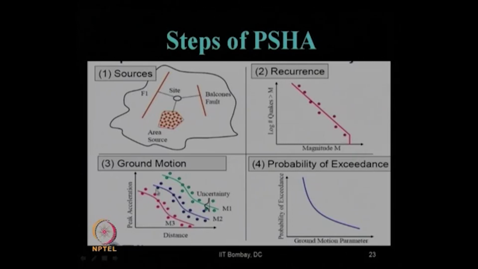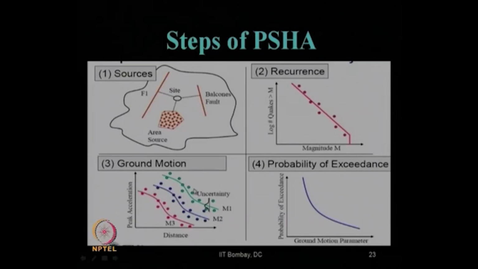for that particular point or for a particular site. Then we can have the ground motion parameters, that is based on the attenuation relationship, peak acceleration versus distance. In this case, we will have the magnitude based relationship. We know the magnitude and distance relation, m versus r, for a particular chosen attenuation parameter.